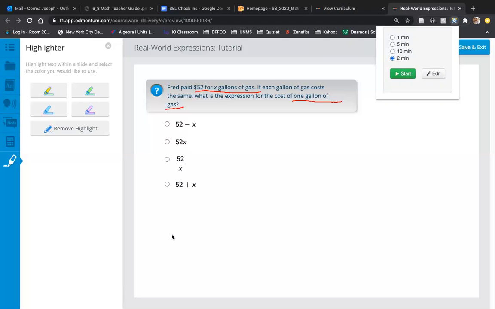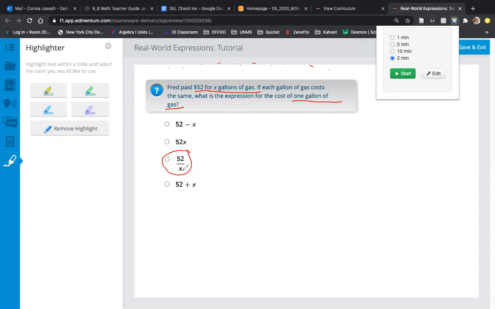Okay, so it's the third one. Can you explain why, Alfie, or anybody else? Most people got it correct and said that the answer is going to end up being 52 over x. How do we know that's the correct one? Because it's not telling us to divide here. So how do we know that we have to divide? Does anybody think that they can explain that?